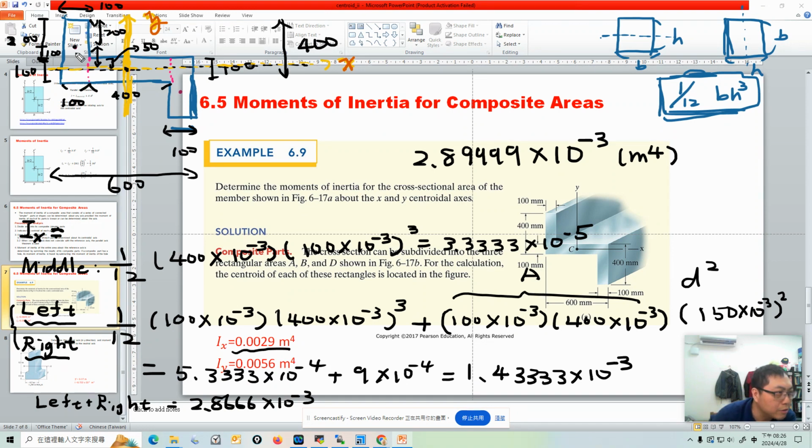My answer is right: here is 300 and here is 200, so this is 100 and this is 50, so 150. Determine the geometry information very carefully, because the problem won't tell you, you have to identify it yourself.